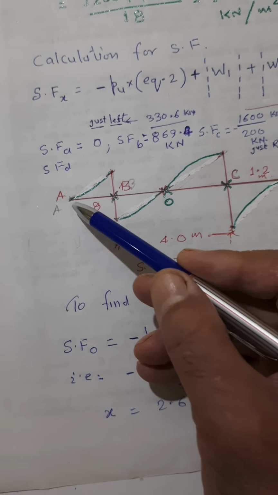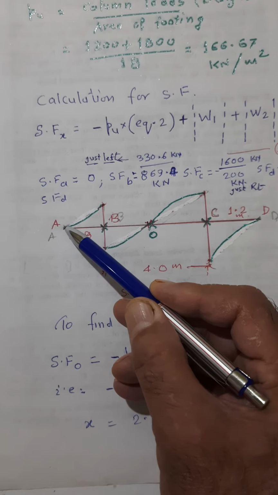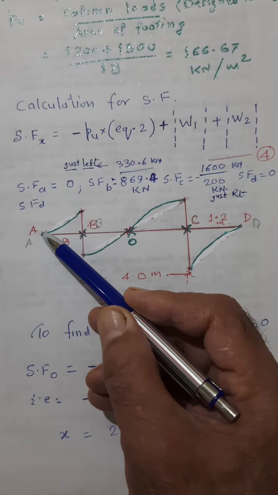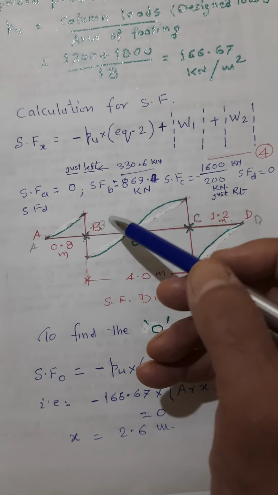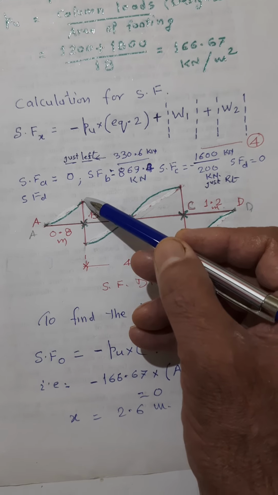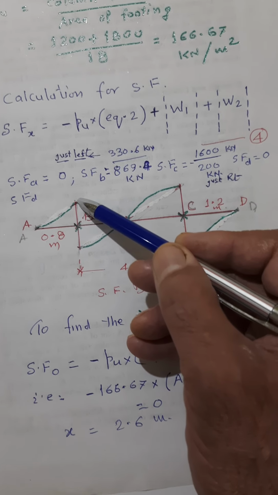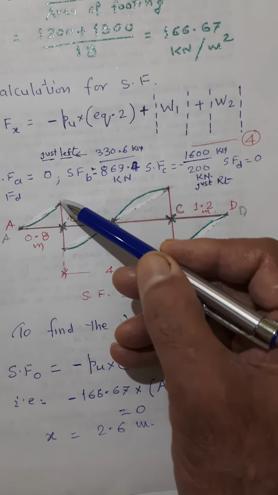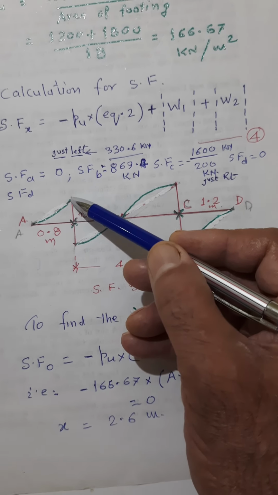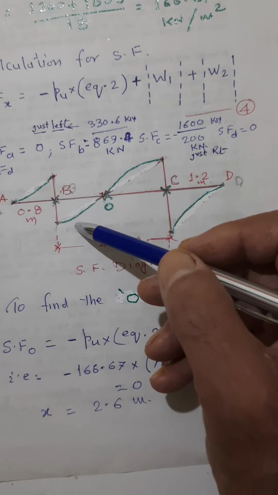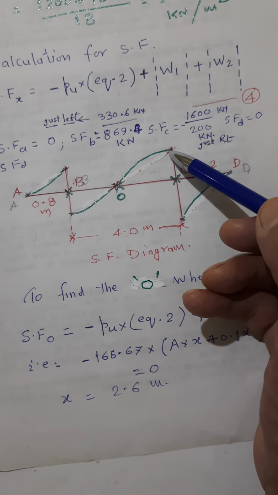As soon as I start from here, x will be 0, and automatically the shear force comes out to be 0. It reaches the upward pressure going negative. Then here you can find that there is a downward force of 1200 kilonewton. Again it goes like this.